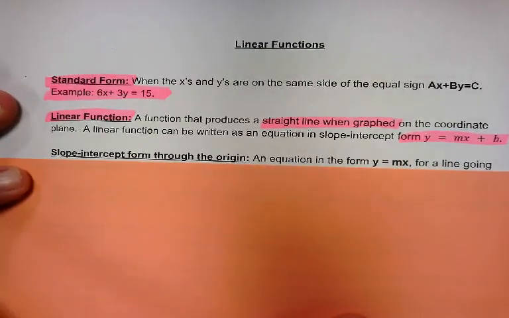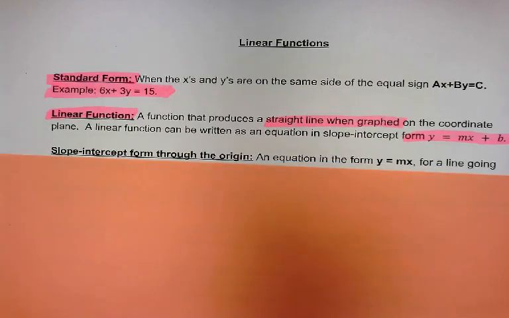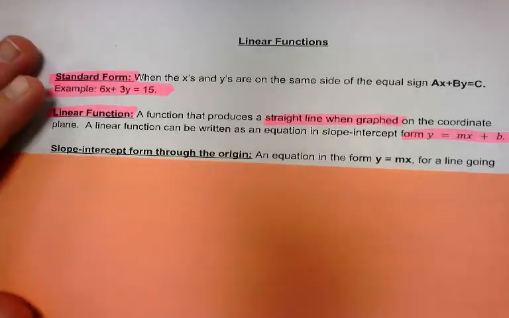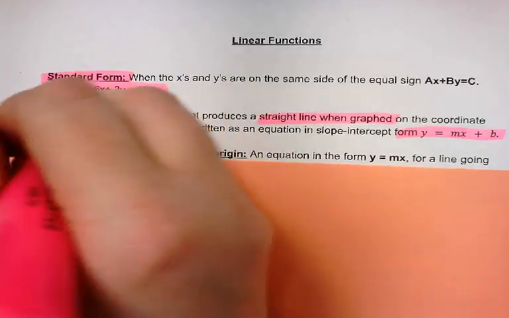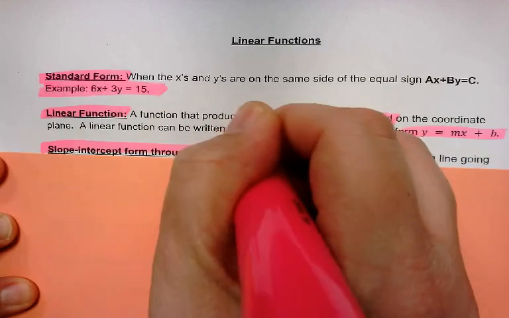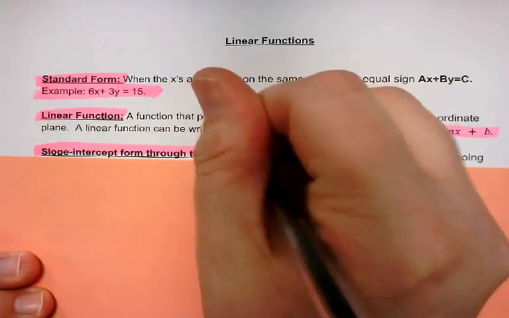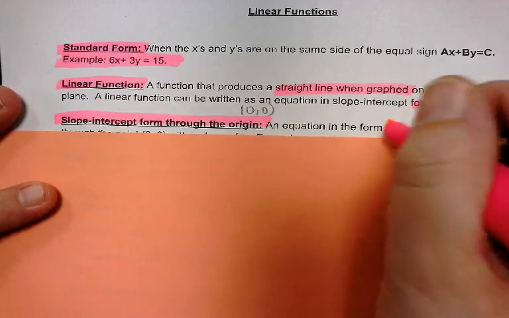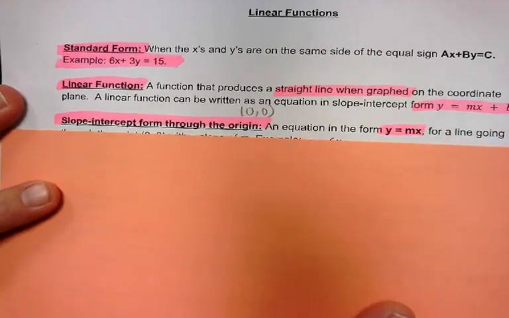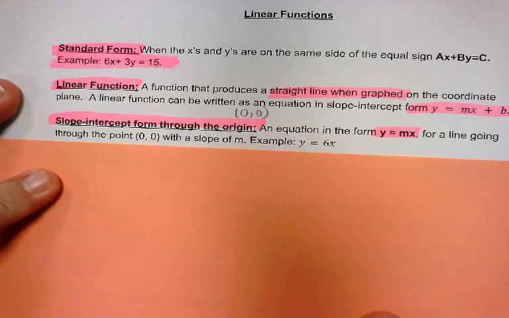The next thing is the slope-intercept form through the origin. Notice that when an ordered pair goes through the origin, which is at 0, 0, that becomes your y-intercept. And that equation is going to be y equals mx for a line going through the point 0, 0 with a slope of m.